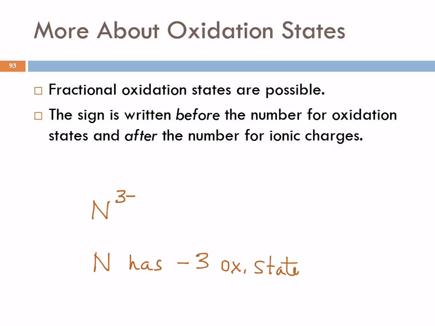Because ionic charges and oxidation states are not exactly the same thing. What's very confusing is sometimes it's the same number, right? But the fact that it's often the same number also makes it much easier to figure out what the oxidation state is. Because if you don't remember any of the rules, go with trying oxidation state is the same number as the ionic charge, and that works most of the time.